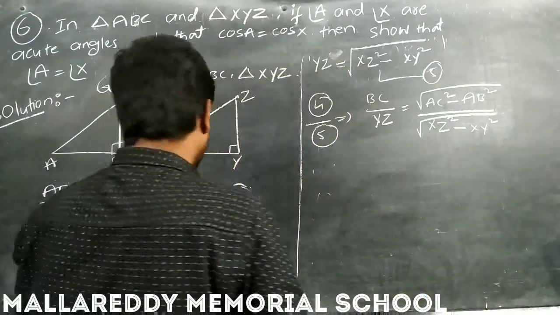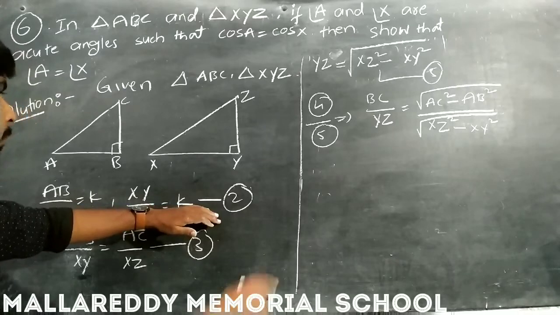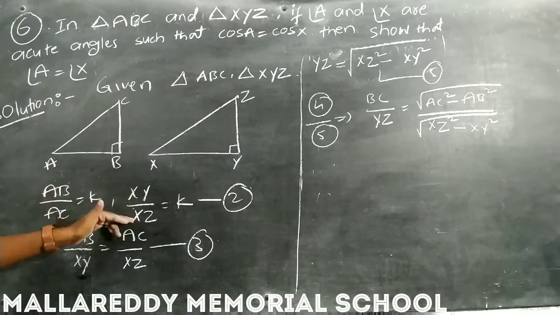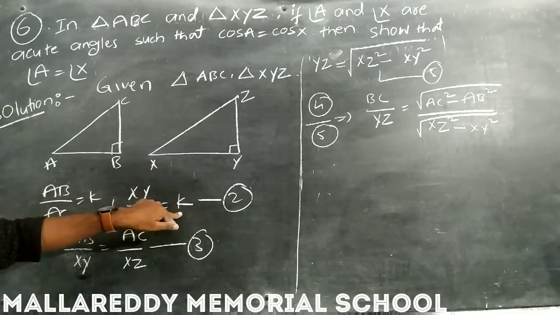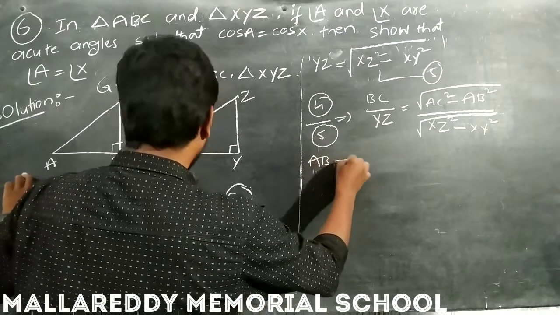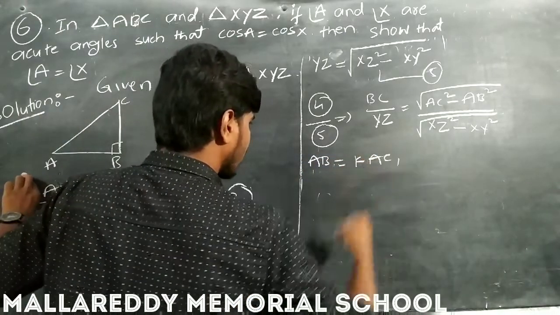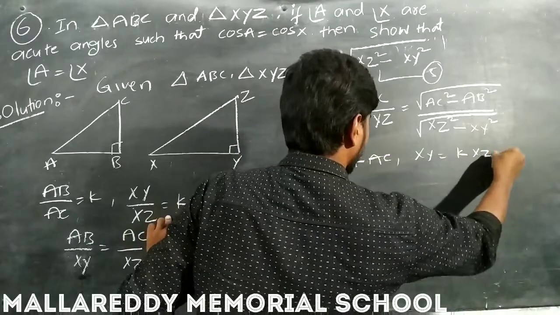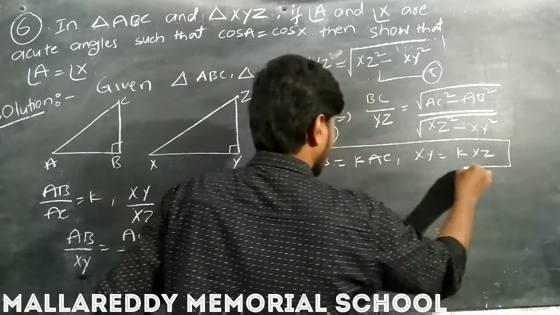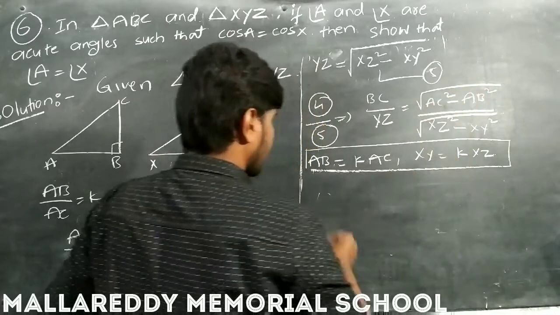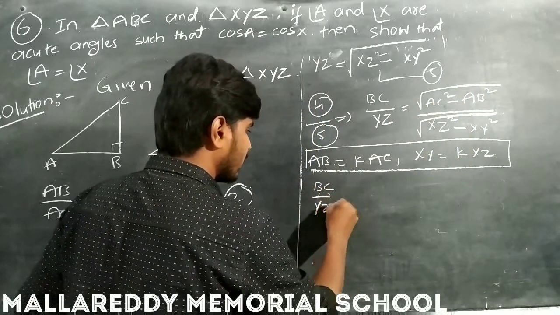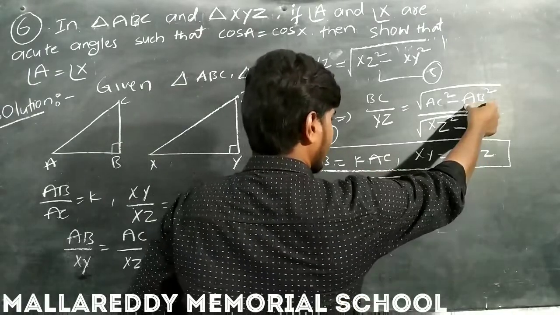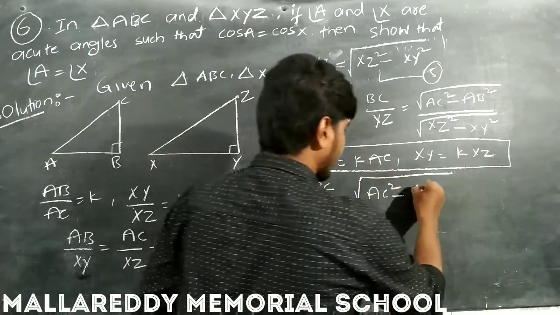So from equation 2 we can replace the AB value. AB by AC equals K, and XY by XZ equals K, isn't it? So from that AB equals K AC and XY equals K XZ. We can replace the values in this equation.